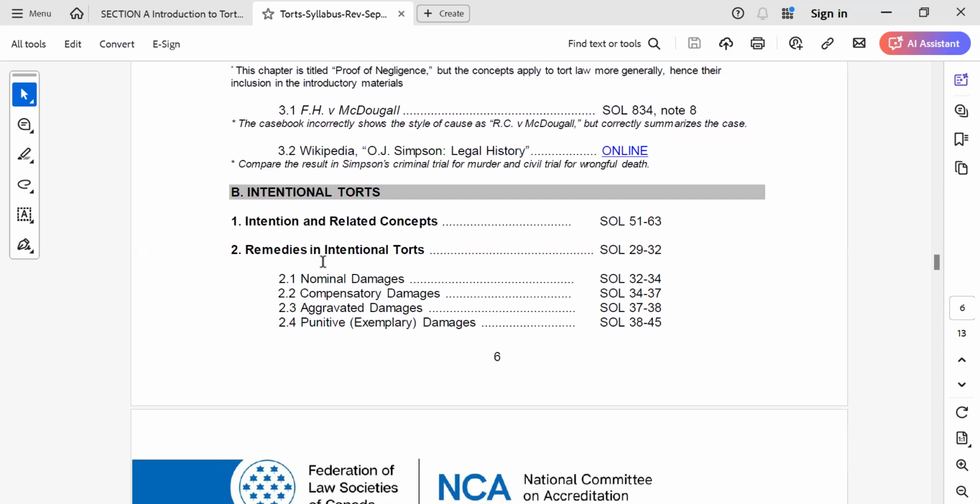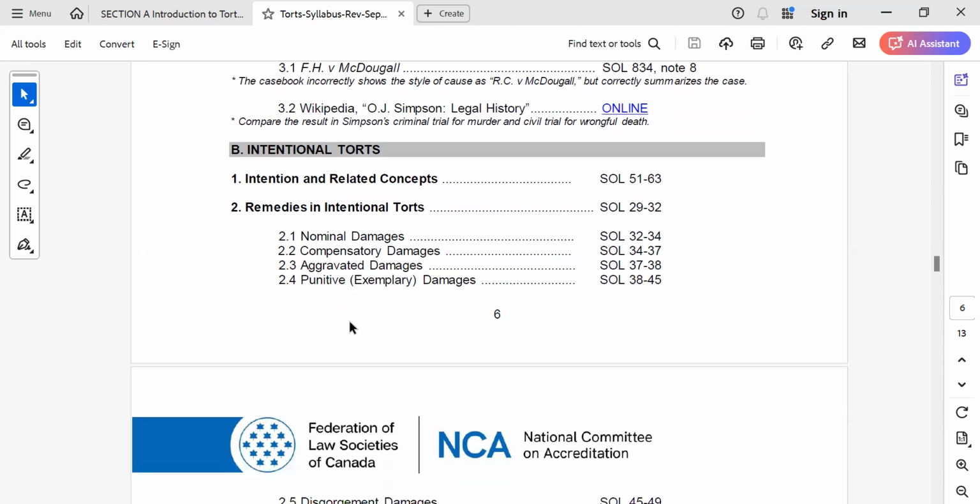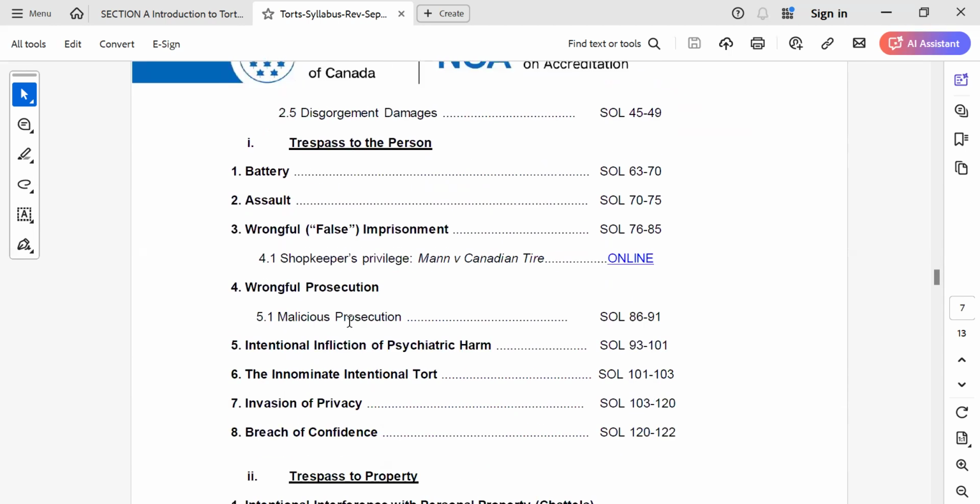Intentional tort, as the word says, is a wrong done with intent. See, a wrong may happen accidentally, without intention, or with intention, right? So basically we understand the differences and what sort of remedies are there, what damages are, and how they are given.